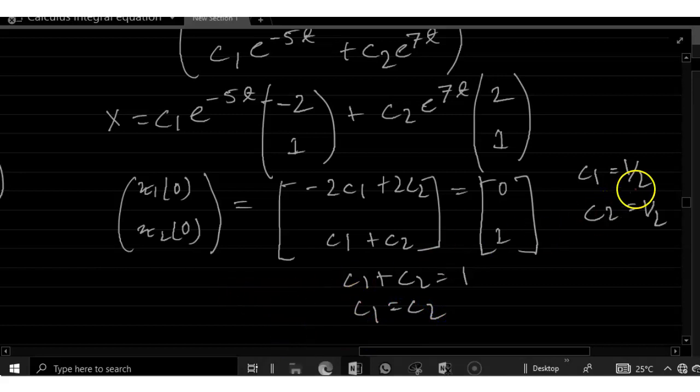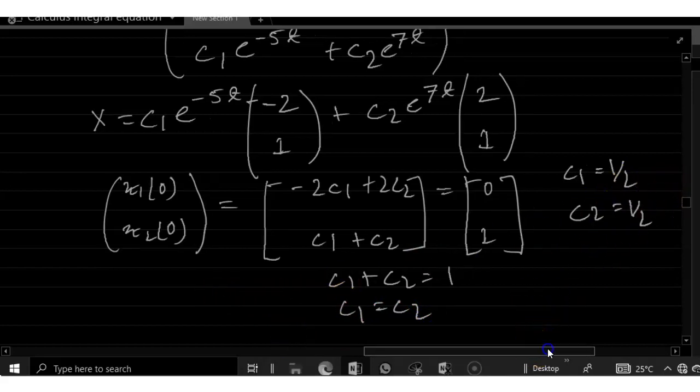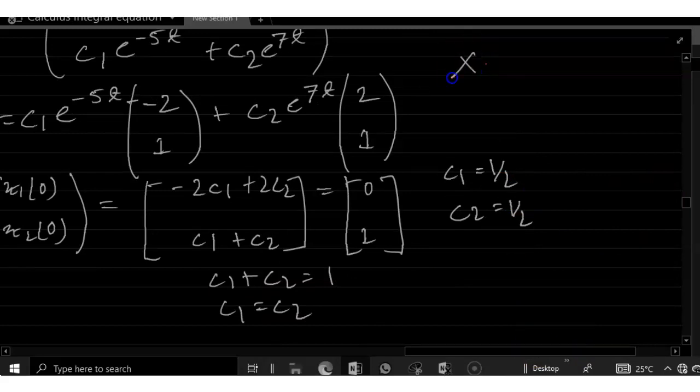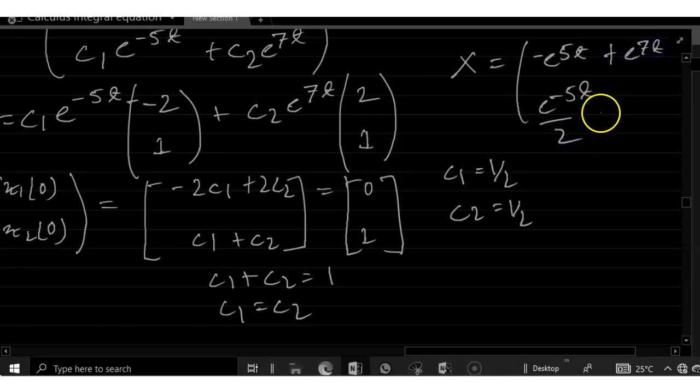So my x is (minus e to the power minus 5t plus e to the power 7t) divided by 2 and (e to the power minus 5t plus e to the power 7t) divided by 2. Okay, I hope the problem is clear.